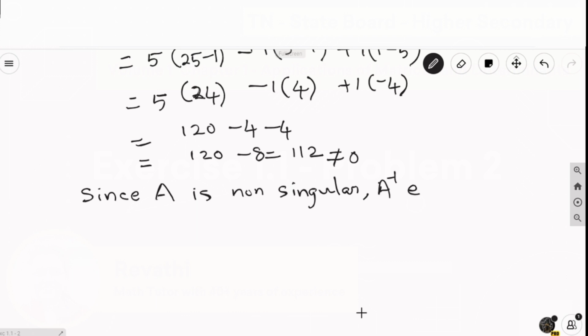You are stating your point, stressing that A is non-singular. So now we are going to the inverse formula. Again I will remind you, A inverse is equal to 1 by determinant A into adjoint A.